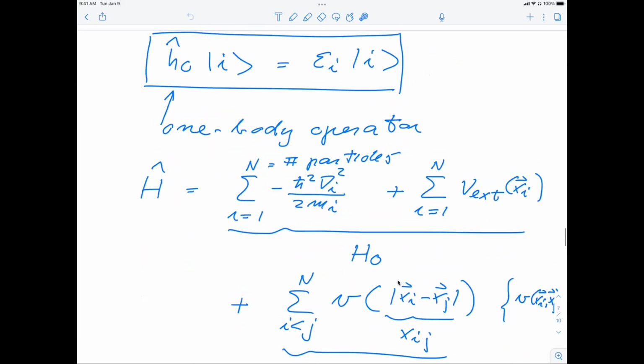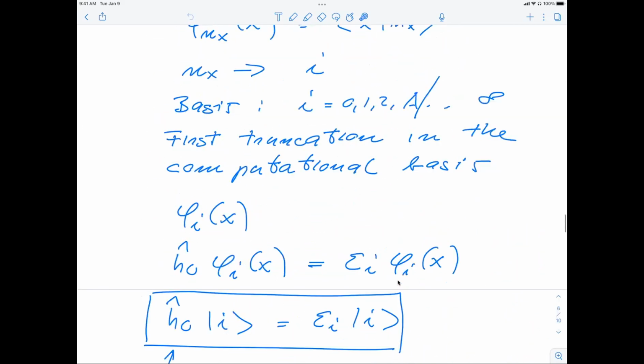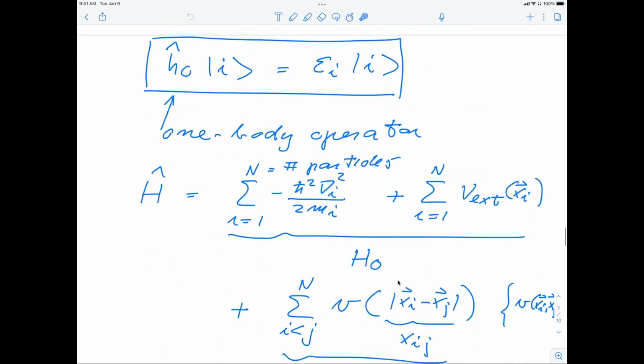Then what we did was to define a one-body operator which typically now contained the kinetic energy and an external potential energy. And when we say an external potential, this means that we are thinking of a potential which confines the motion of the particle. So in principle, this is something you would apply to the system.